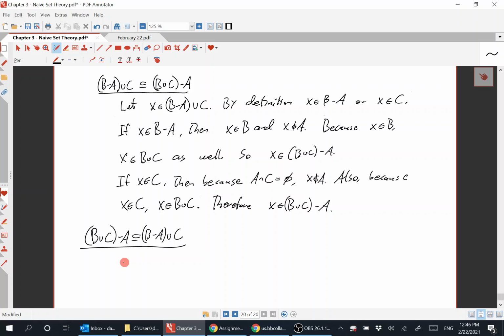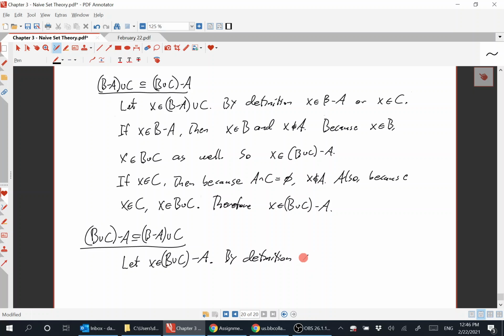Let X be an element of B union C minus A. Now we have to show that it's in B minus A union C. Okay? So, by definition, this means that X is in this set.